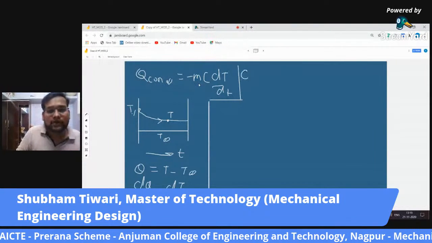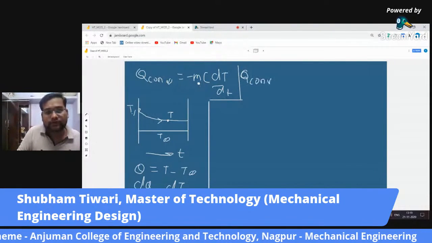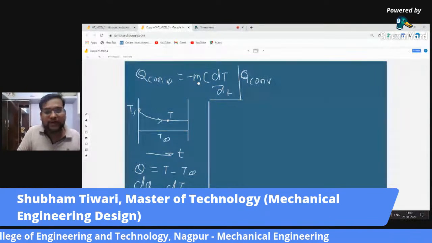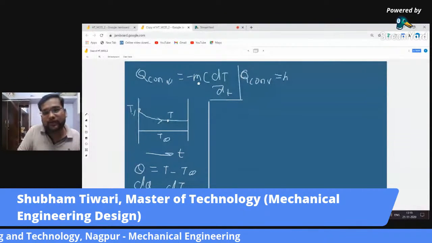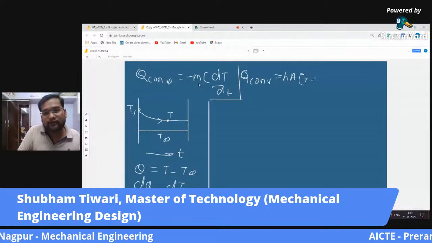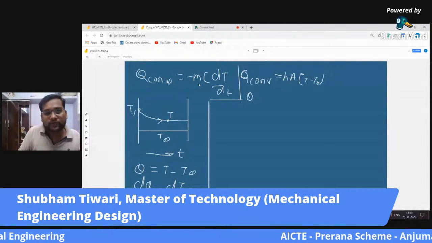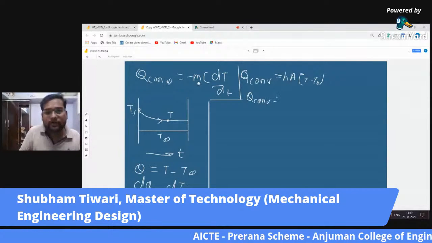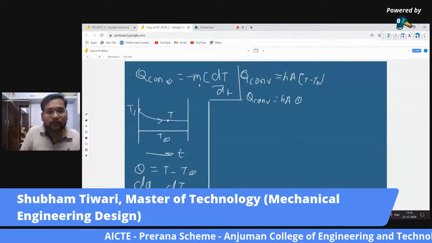So the Q convection we had written as hA (T minus T infinity), which becomes Q convection equals hA theta.